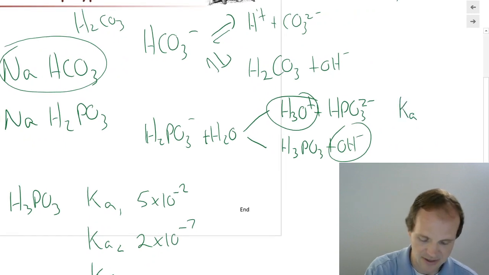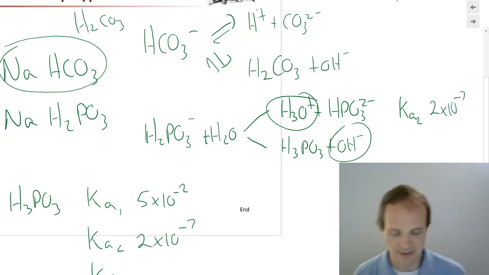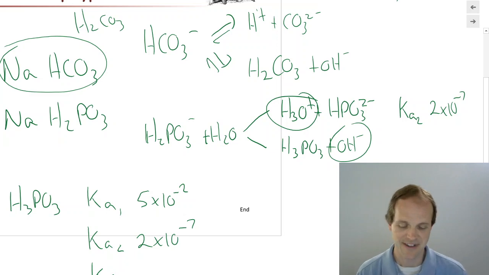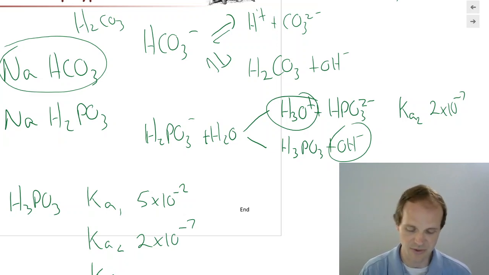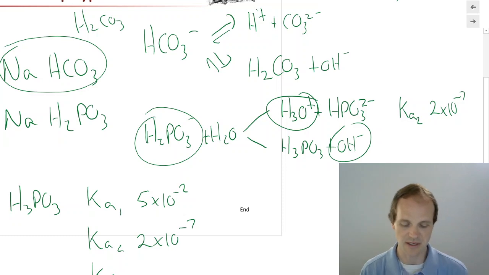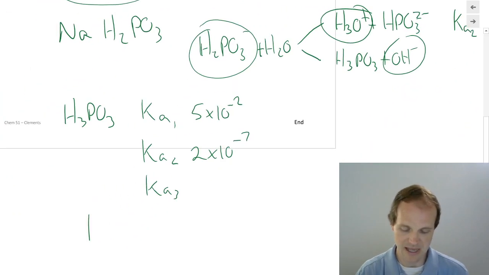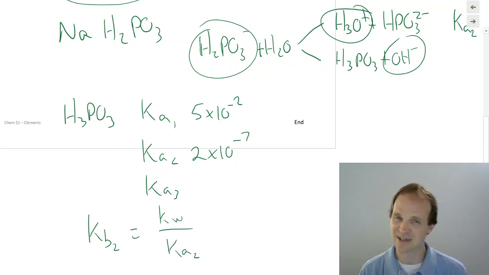My apologies. Which is 2 times 10 to the minus 7. Okay, so there we go. That makes a little more sense. Okay, so how do we know which K to use? We're starting with H2PO3. So do I find Kb2, which is going to be Kw over Ka2? Is that how it works?